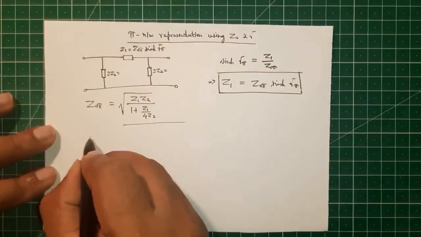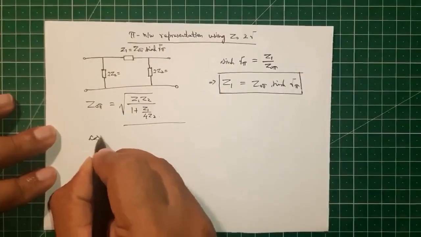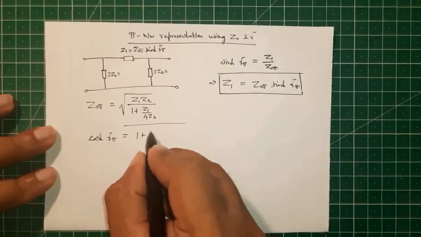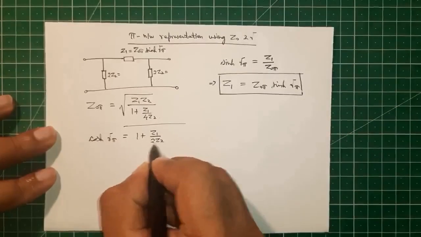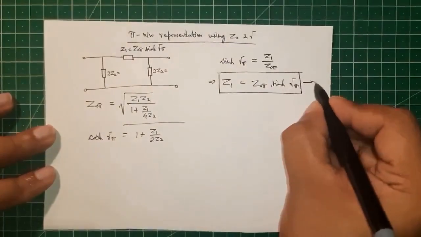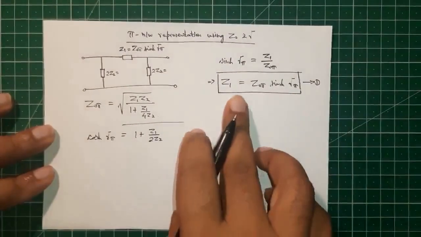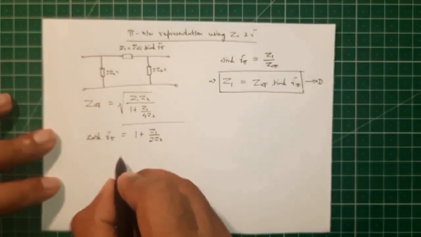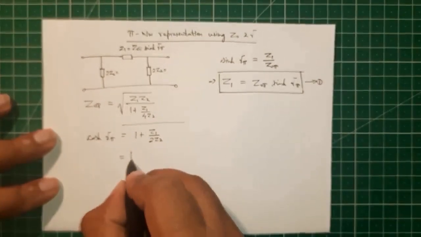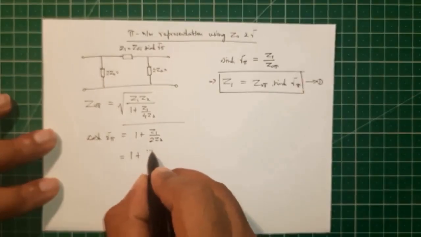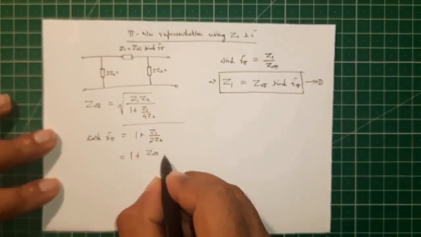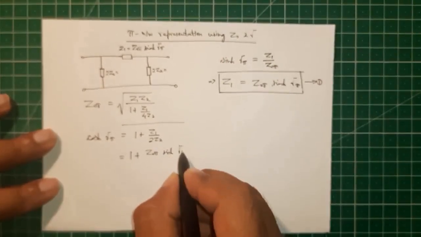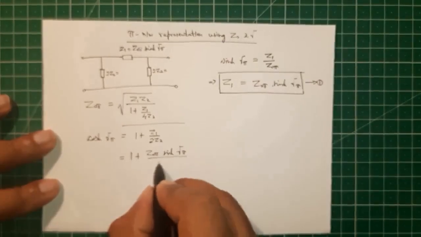Also we had derived an expression for cosh gamma pi is equal to 1 plus Z1 by 2 Z2. We have the expression for Z1 like this, so we can substitute it here to get 1 plus Z0 pi sinh gamma pi divided by 2Z2.